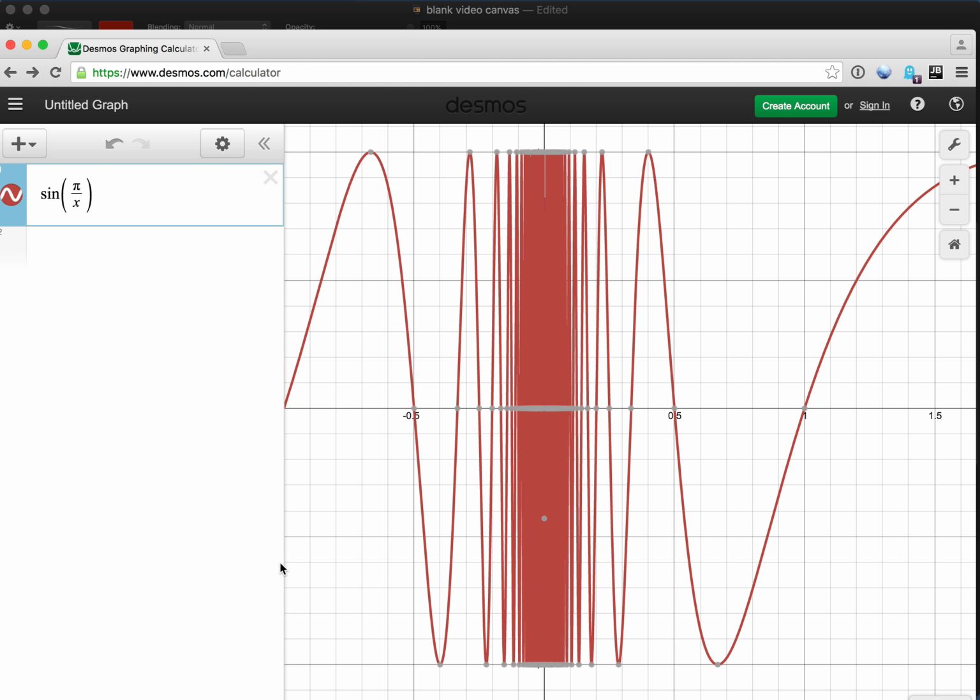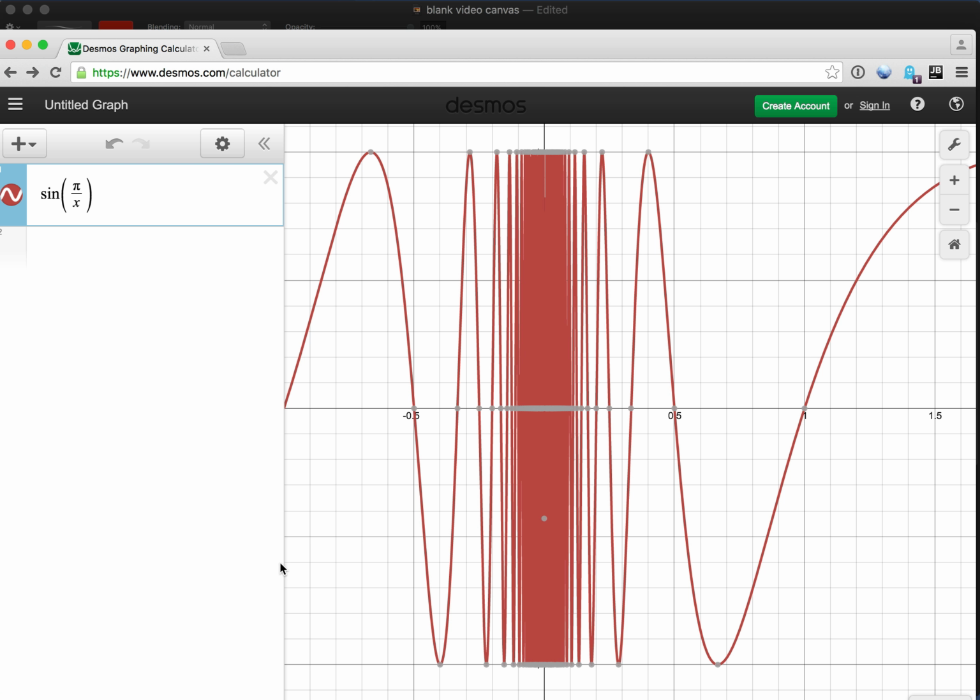Just think of pi over x. What happens to pi over x as x gets closer to 0? It gets larger, and larger and larger and larger. Faster or slower? Faster, right?